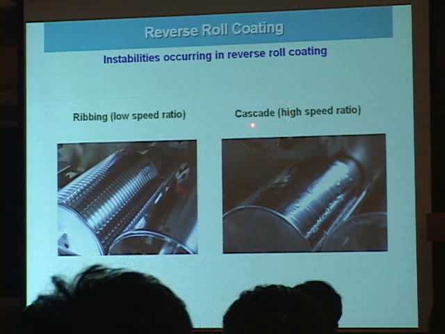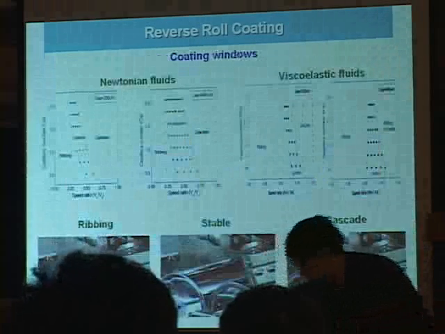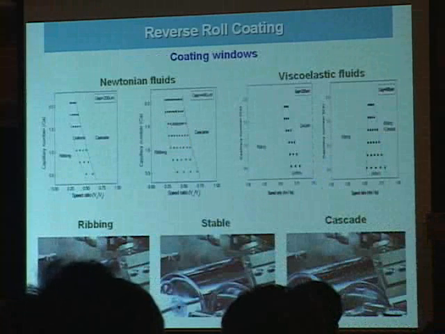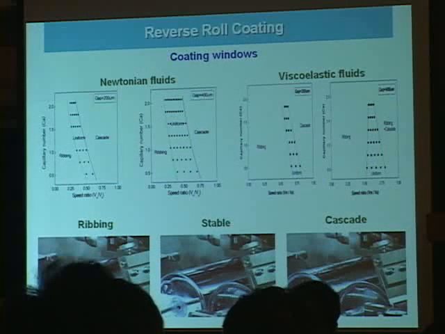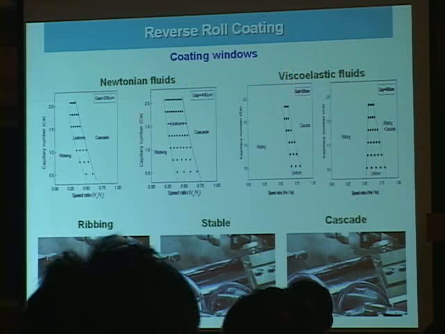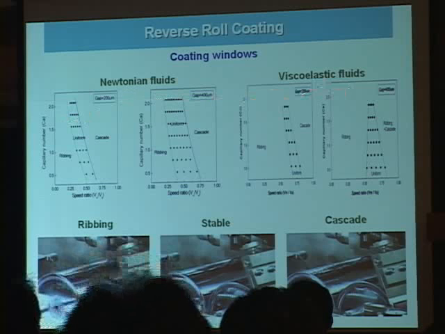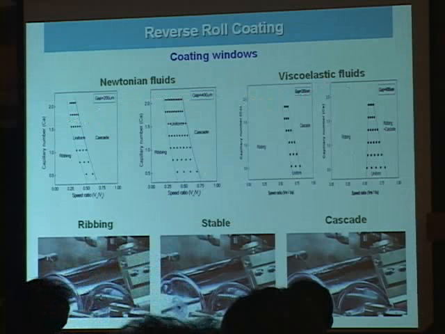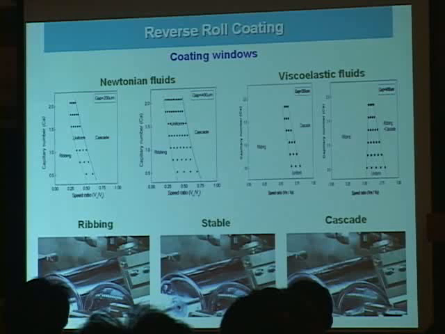And cascade is observed in the high speed ratio conditions. We established many coating windows for Newtonian liquid and viscoelastic liquid with different operating conditions. We demonstrate that viscoelasticity makes the system less stable, as shown in the forward roll coating as well.